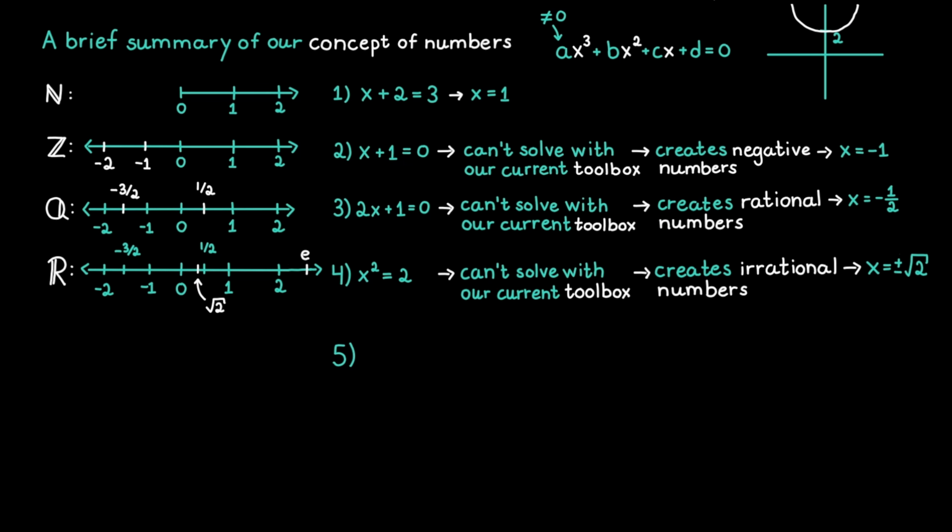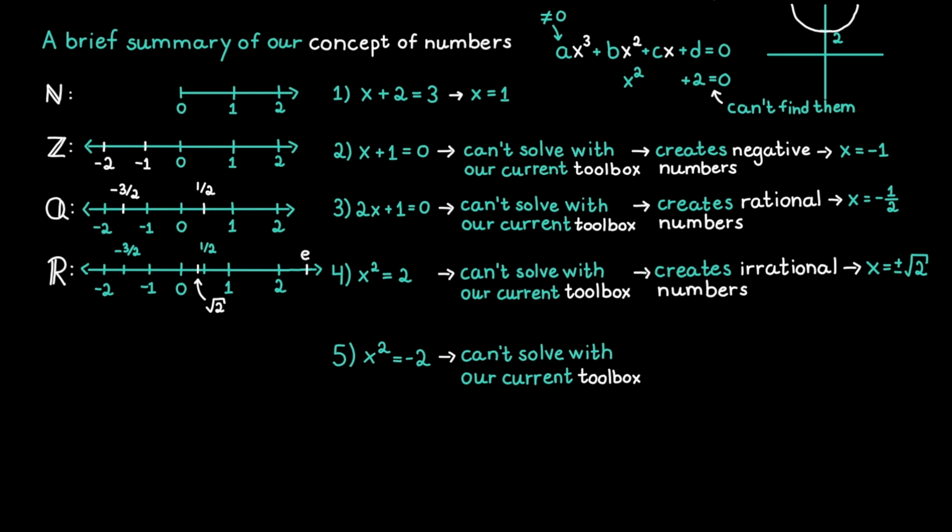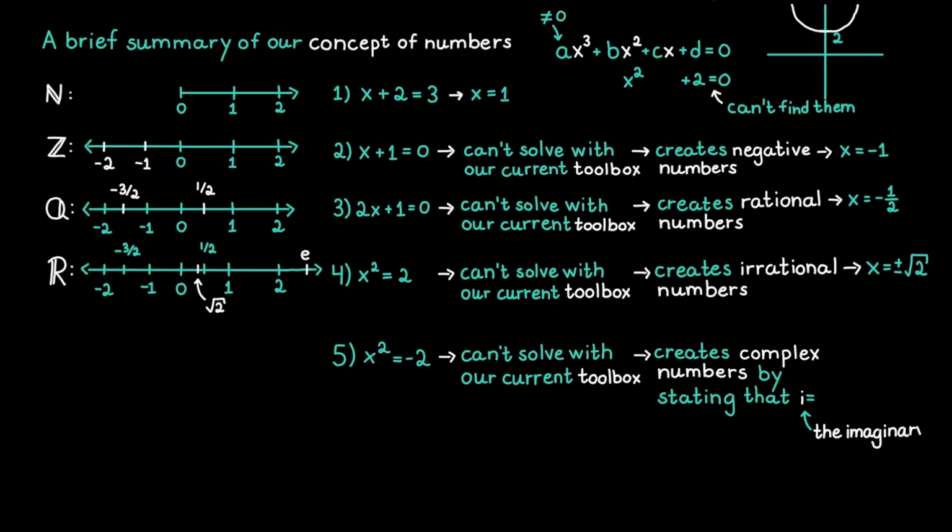Take this for example, x raised to the power of 2 plus 2 is equal to 0. This one doesn't cross the x-axis at all, so we are not able to find the solutions by using our real numbers. And this is exactly why we once again expanded our toolbox by creating the complex numbers in this case, which we did by stating that i, which is also called the imaginary unit, is equal to the square root of minus 1.